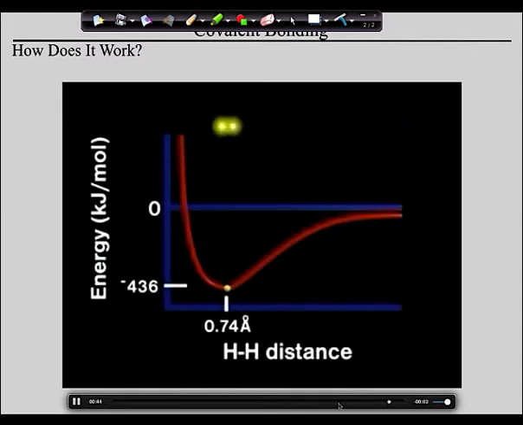So what do you think? You get the idea? This process of sharing and then mutual attraction and that resolution between repulsion and attraction, which then leads to bond length.